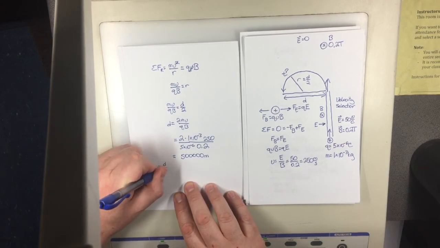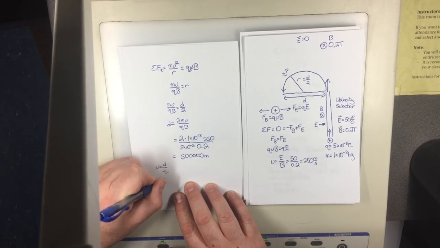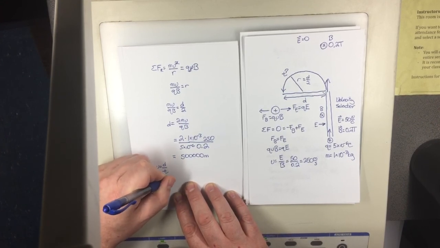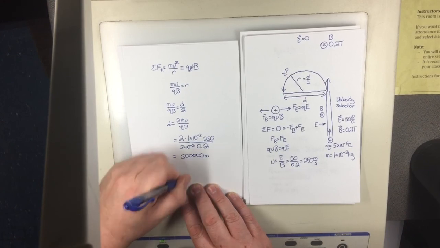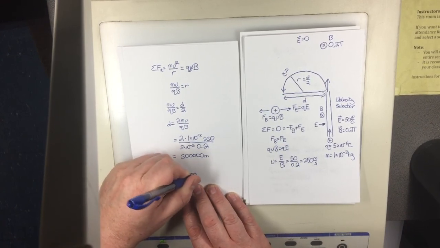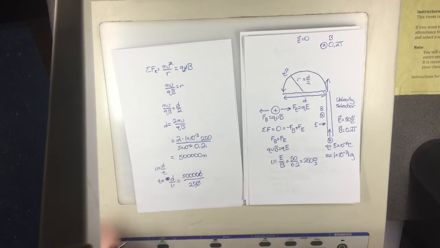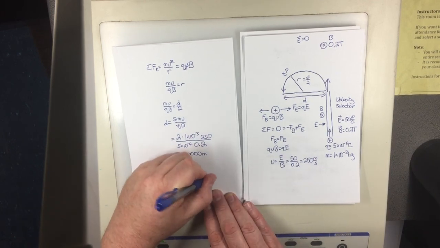Velocity is distance over time. Time is distance over velocity. So 500,000 divided by 250 gives me 2,000 seconds.